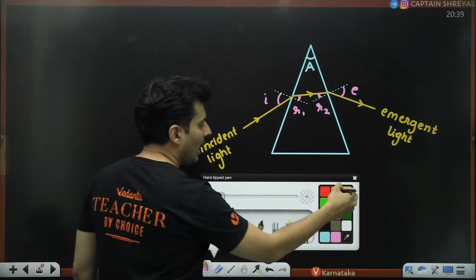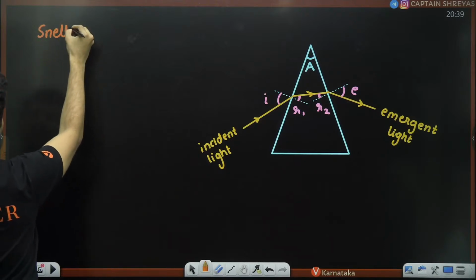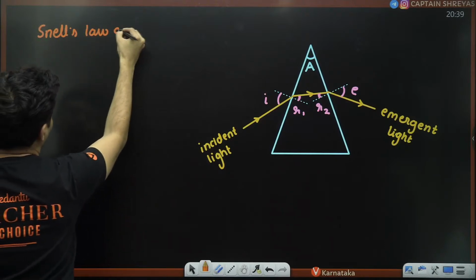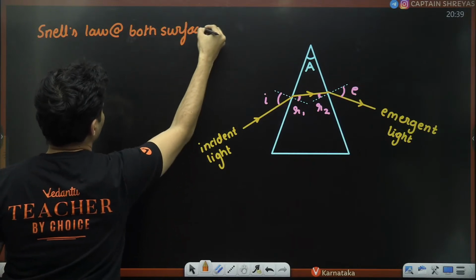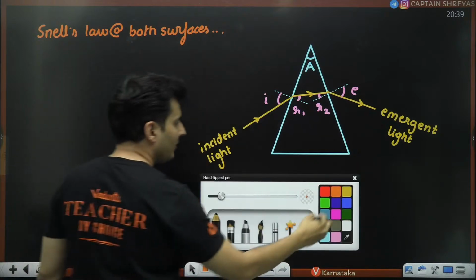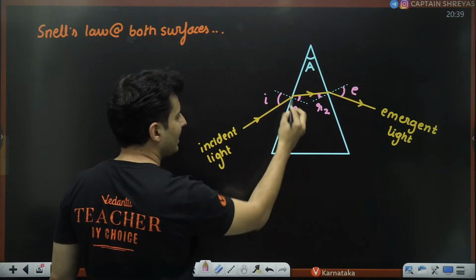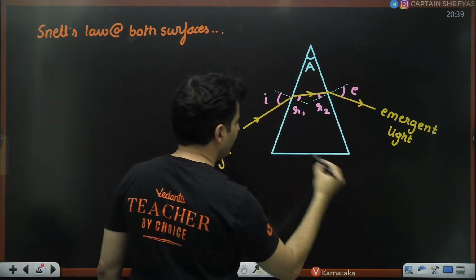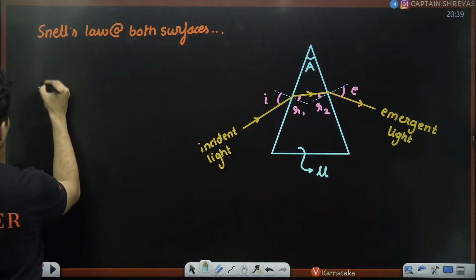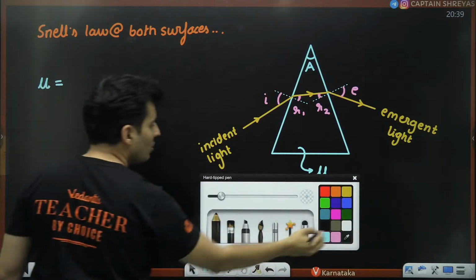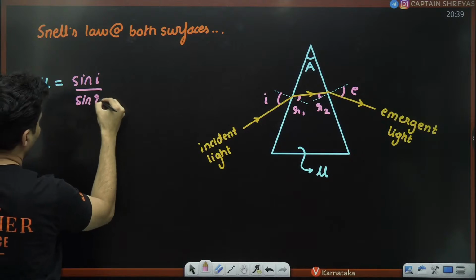Next important thing, I can use Snell's law at both the surfaces. So using Snell's law at both the surfaces, here is what I can get. First of all, over here, this sin i by sin r, if the prism has a refractive index of mu, I can relate this particular mu as sine of incident angle by sine of R1.